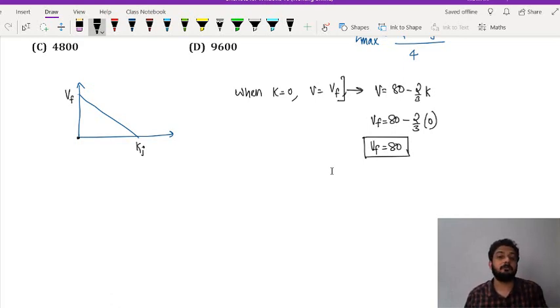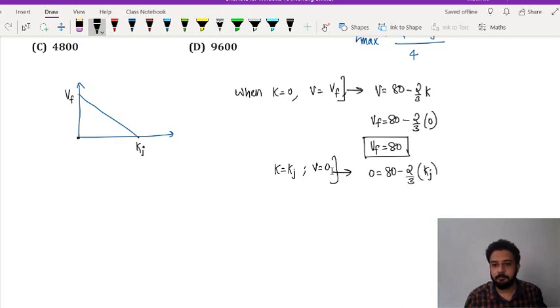Now we want to find Kj. Then what we can do is make K equal to Kj. Whenever K is Kj, what is the value of speed? 0. Whenever the x-axis is maximum, the y value is 0. So V is equal to 0. If I substitute in the equation, we get 0 is equal to 80 minus 2 by 3 Kj.